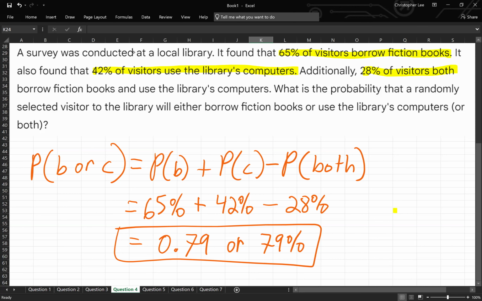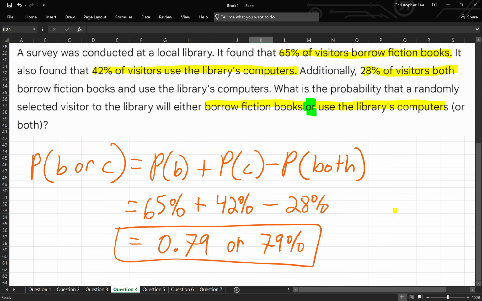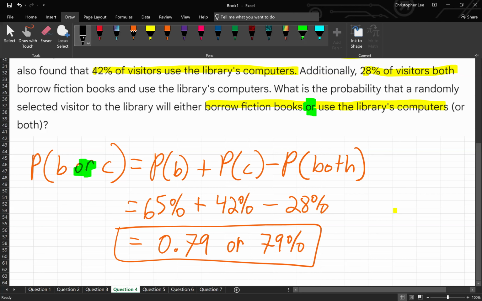What is the probability that a randomly selected visitor to the library will either borrow a fiction book or use the library's computer? Keyword there being or. And that's where we get our or from right here. All right. I hope that makes sense.